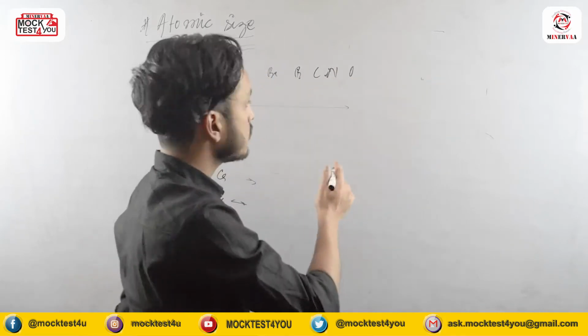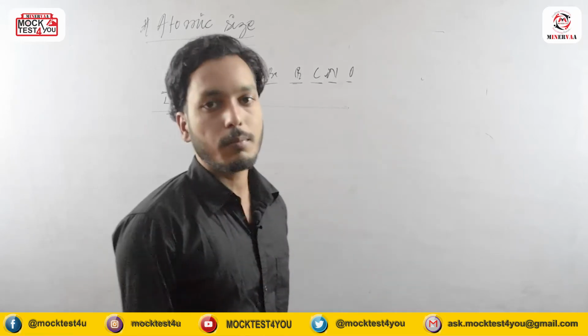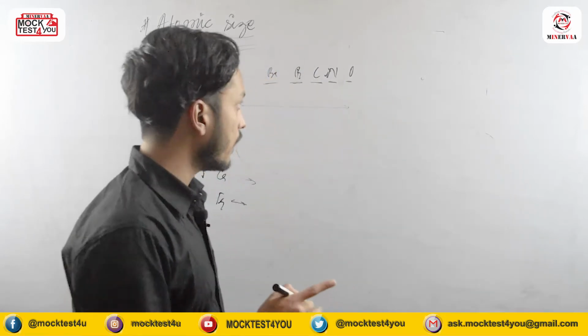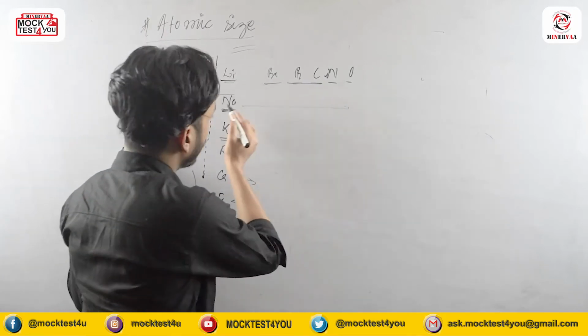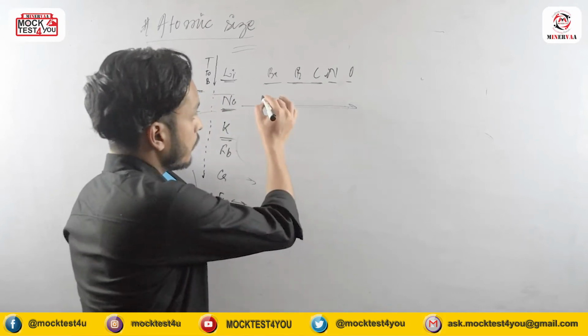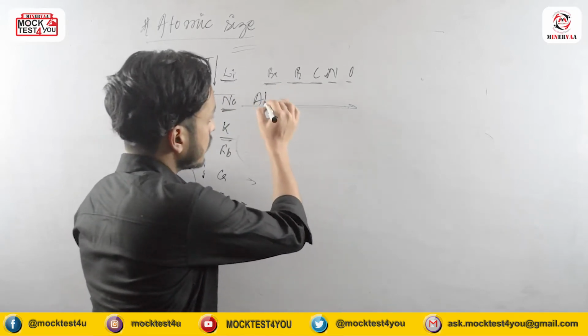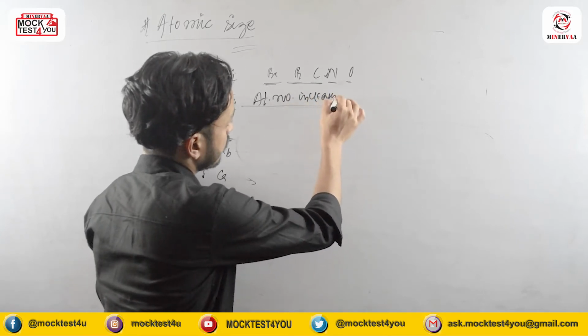If you are moving like this, you can see that atomic number is increasing, right? As we are moving from left to right across the period, atomic number is increasing.